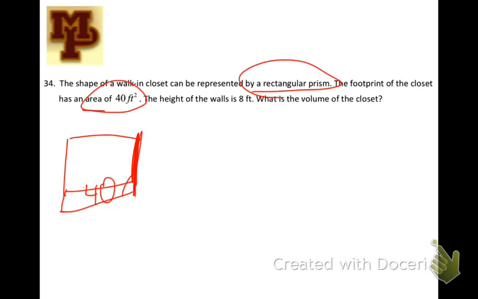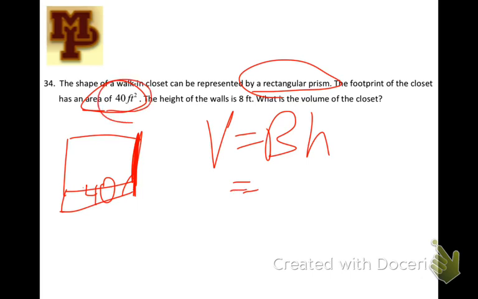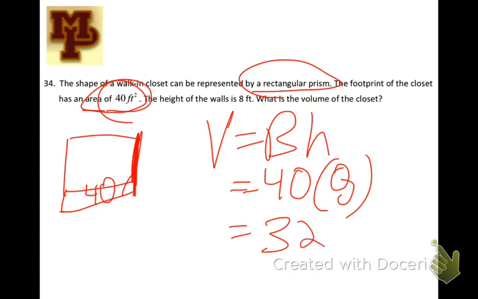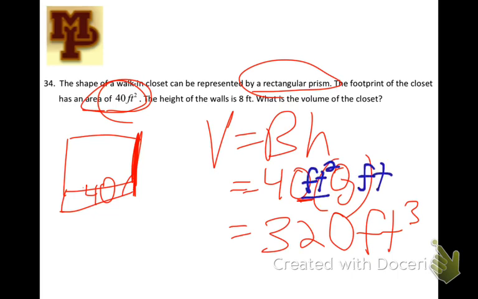Volume is always the area of the base times the height, so that's 40 times 8, which is 320, and because it's volume, that's cubic feet. And if you include your units here, feet squared times feet, you can see that you've got 3 of the feet, so cubic feet.